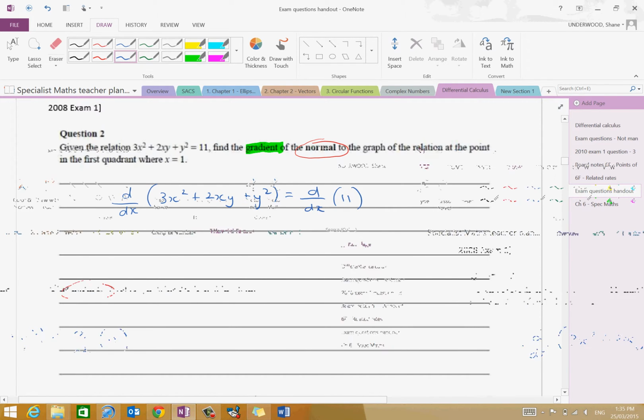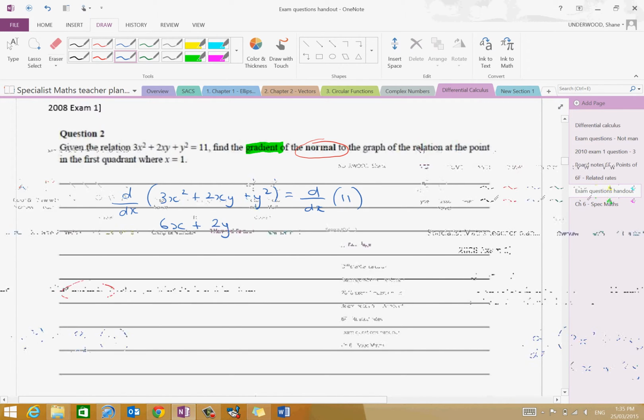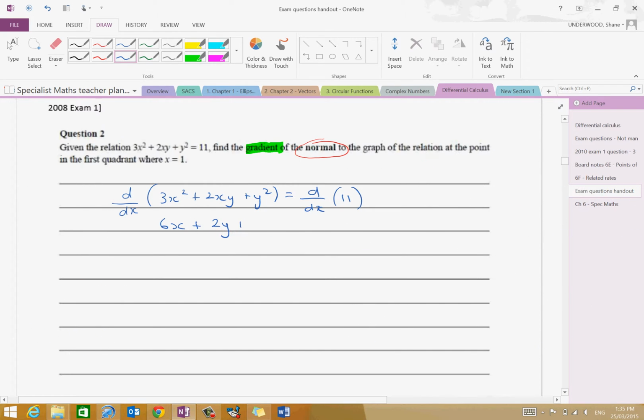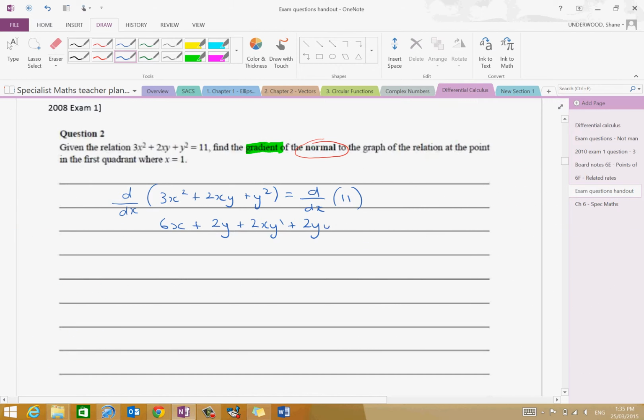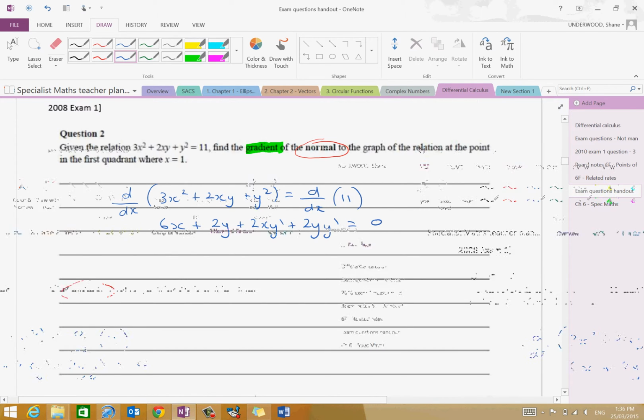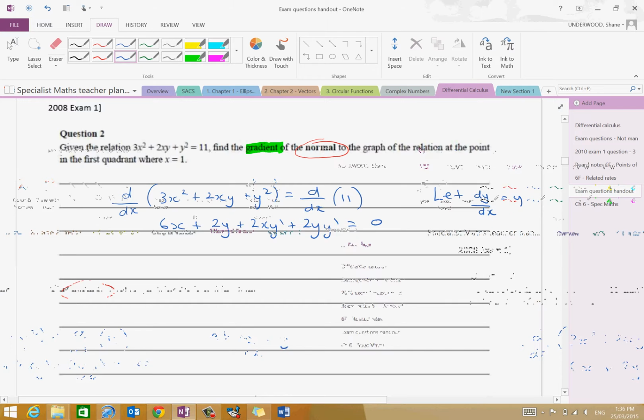So now I can say the left-hand side is equal to 6x plus the derivative of 2xy, which is 2y plus 2x y dash, plus 2y y dash, is equal to 0. First step done, and I'm going to say let dy/dx be y dash.